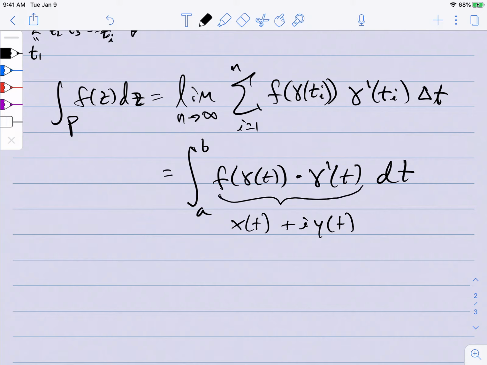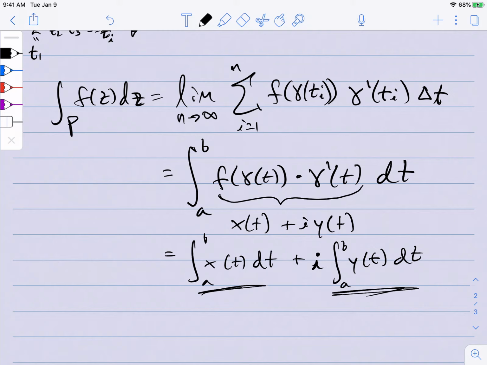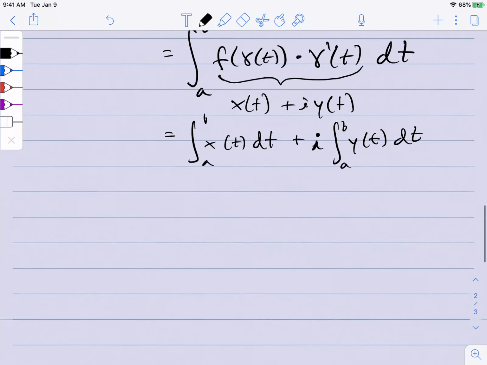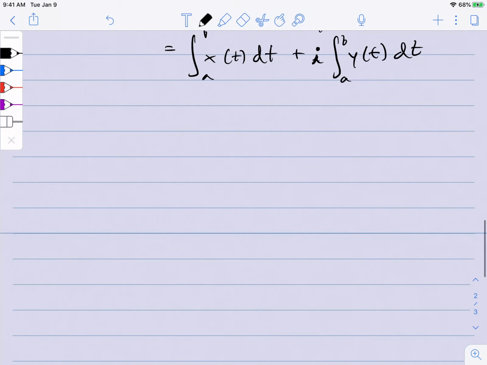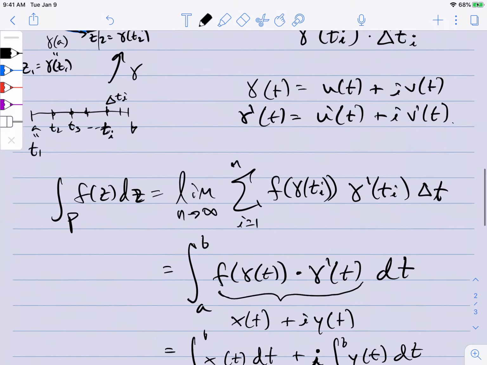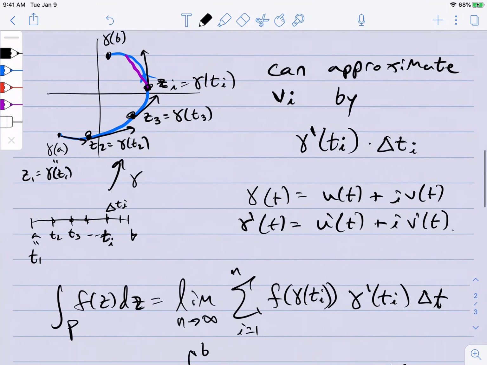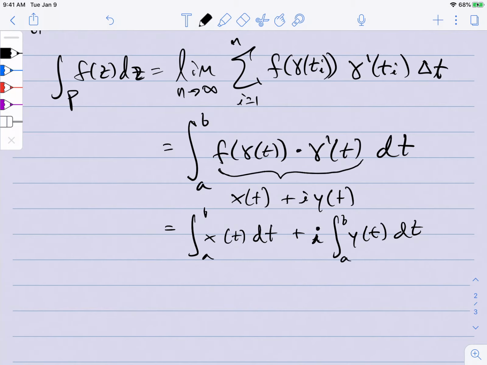So if I label the integrand as x of t plus i y of t, breaking it into its real and imaginary part, then this integral is just first integrating the real part and then integrating the imaginary part. And now we've really broken things into just the usual integrals of single variable functions with real variables. So this is something you know how to do. Okay, and so the main new thing here is parameterizing the curve, and from there on out, everything should be pretty familiar to you.